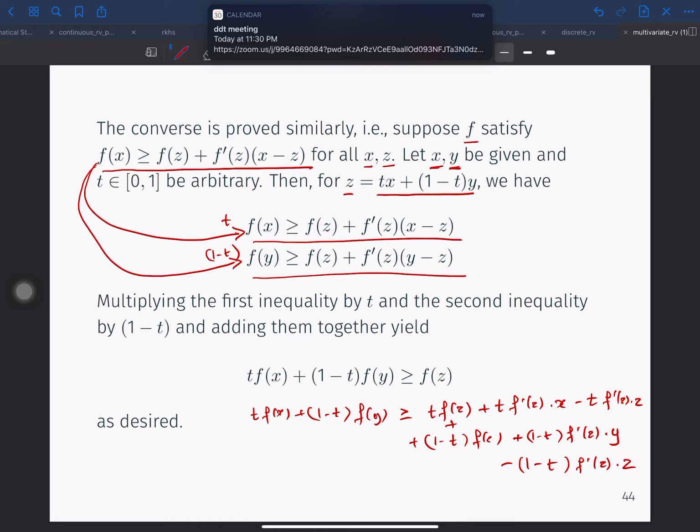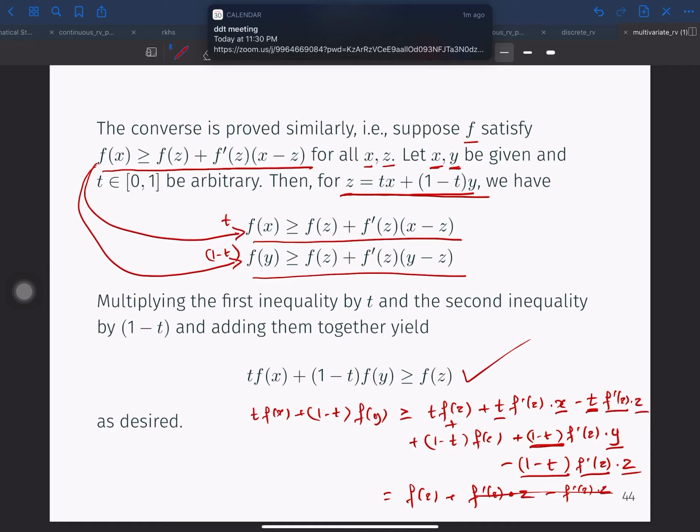So this sum will be equal to f(z) plus f'(z) times (tx + (1 - t)y - z). But tx plus (1 - t)y is just z, so that term cancels out, and you get the inequality as desired.